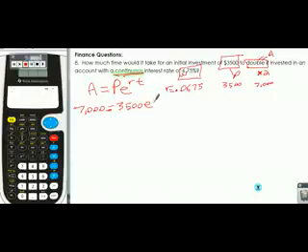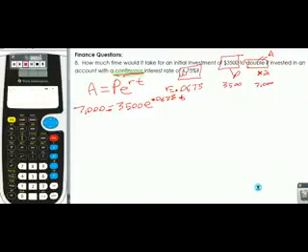So that would be 0.0675 times T, and that's what I'm actually solving for here. So I'm solving for T.